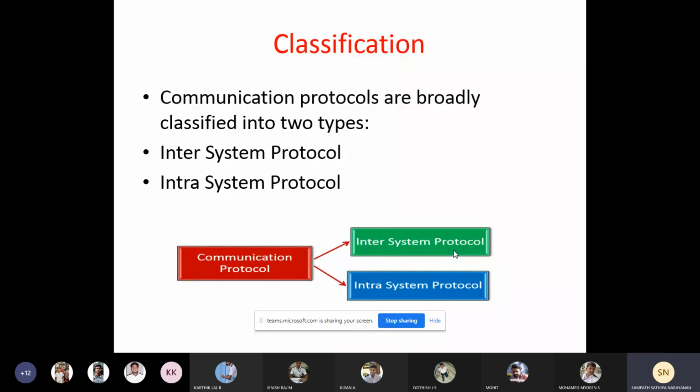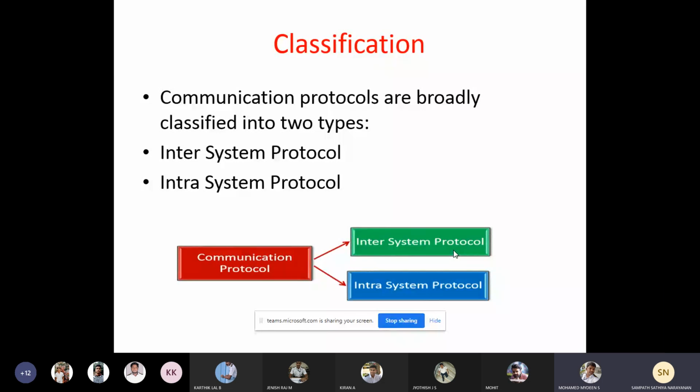Whereas an intra-system protocol is on board, within the board. If you are going to establish communication between the devices on a board, it is called an intra-system communication protocol. One is between the systems, the other is onboard a system when you have multiple devices that want to communicate with each other; then it is called an intra-system communication protocol.